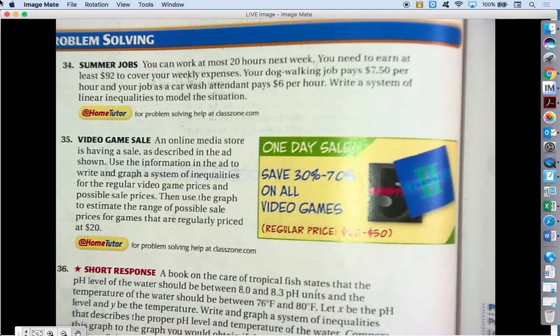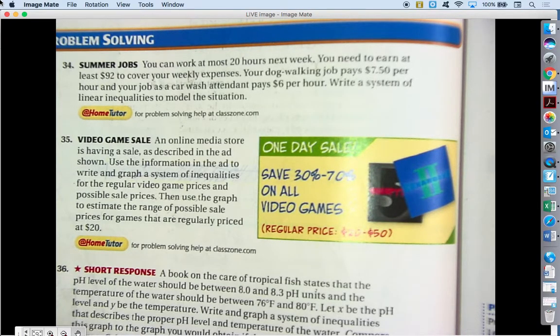The second one, Dylan R., how about the second one? So how much money are you making as a dog walker? Dog walker is 7.5. Yeah, so 7.5.